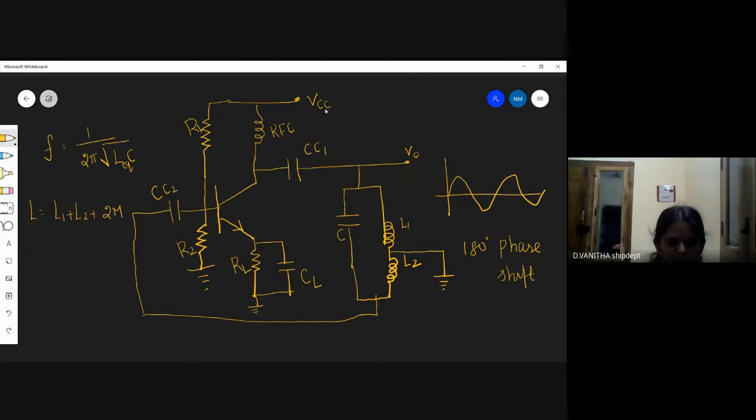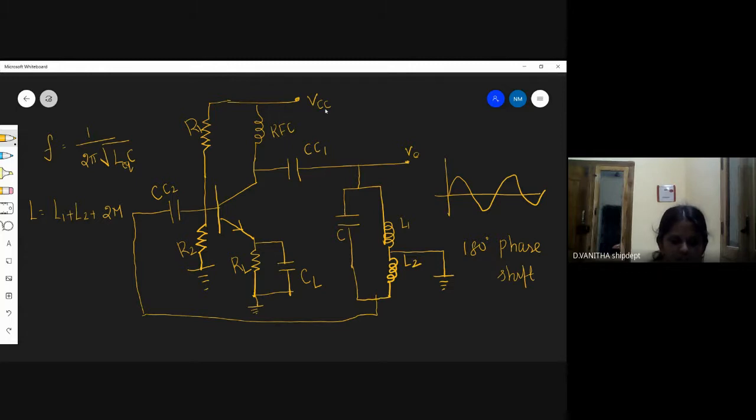The Hartley oscillator is used for high frequency oscillations only. It is very useful for high frequency oscillations. For other things, other oscillators are used, the different low frequency oscillators.